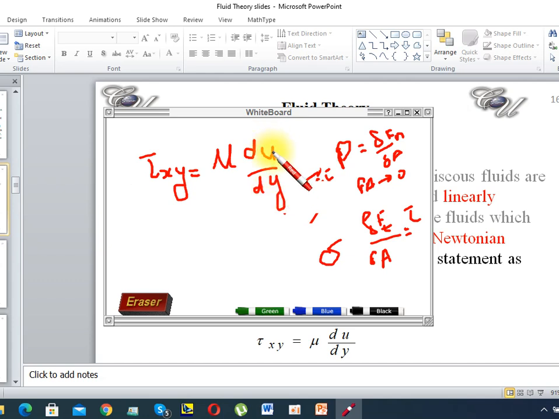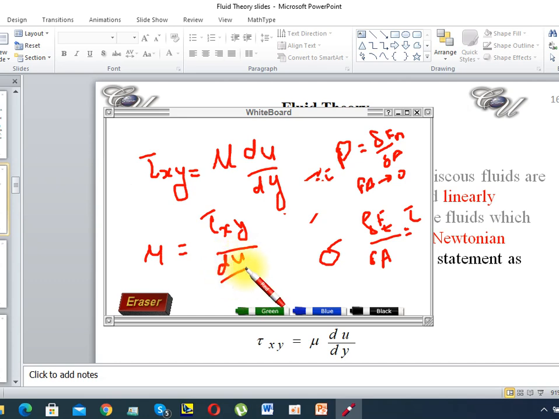This u is velocity. So if I write this, look at this one. Mu is equal to this tau xy. Tau xy actually is the shear stress or tangential stress, and I already mentioned that the flow is possible due to the shear or the tangential stress, divided by du by dy.